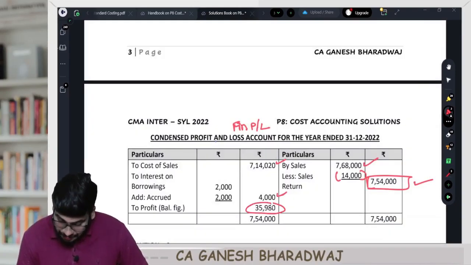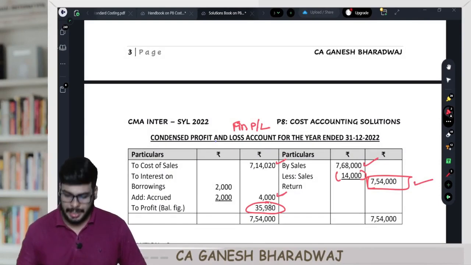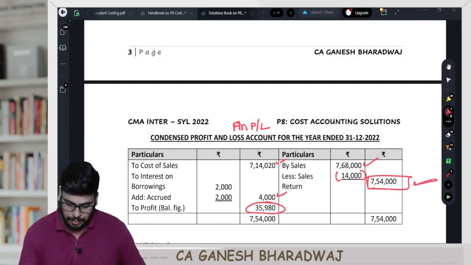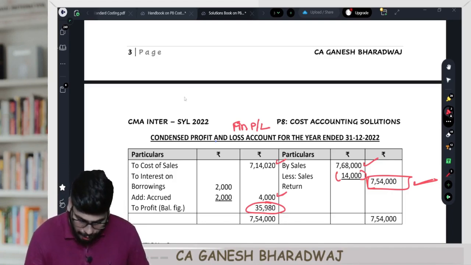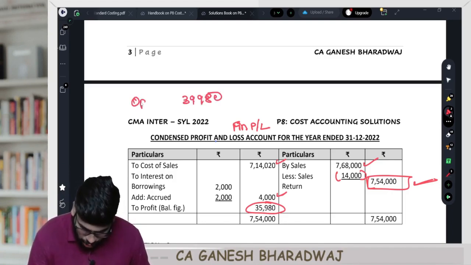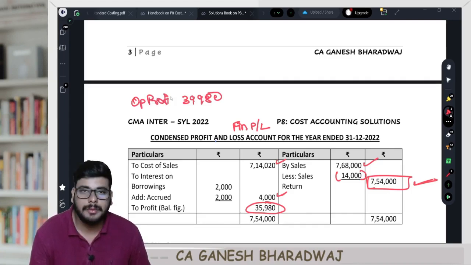They have arrived at the final net profit. So technically speaking, 7,54,000 minus 7,14,020. If you do, you get 39,980. This is ideally called your operating profit, right?